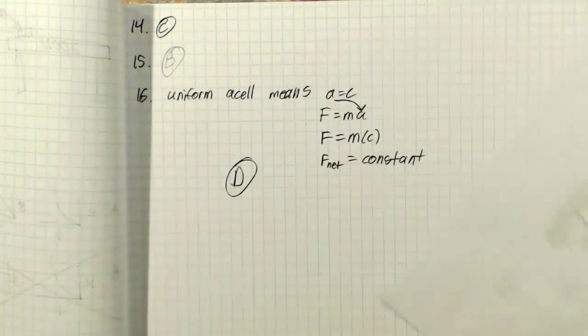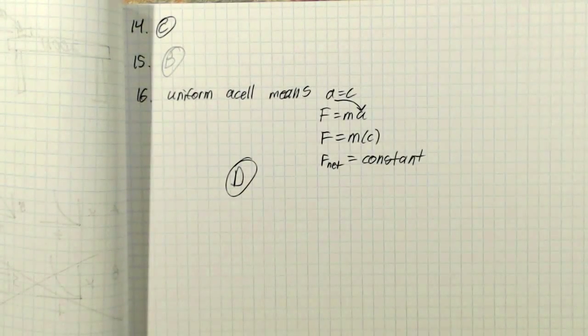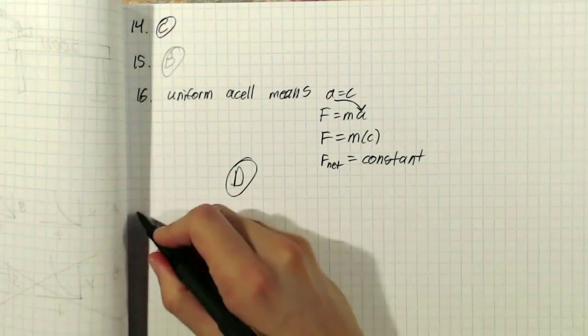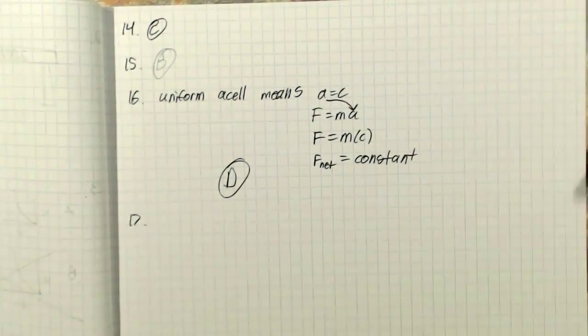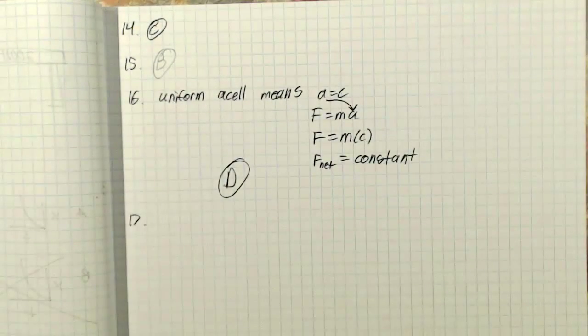Next question is question 17, which says a 5 kilogram cart moving with a velocity of 4 meters per second is brought to a stop in 2.0 seconds. The magnitude of the average force used to stop the cart is, ooh boy, now we're using kinematics and forces. Fun stuff. So first, let's write everything down.